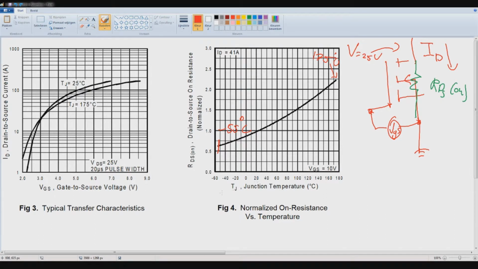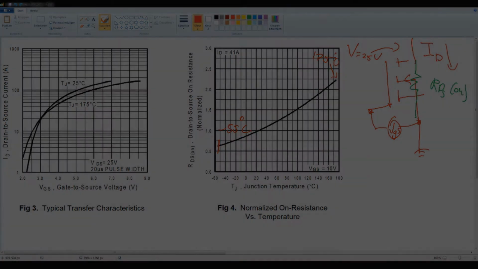But as the temperature goes up, the resistance goes up, which is pretty self-explaining, I think. If you have any questions regarding it, you can leave them, but I think it's pretty self-explaining.